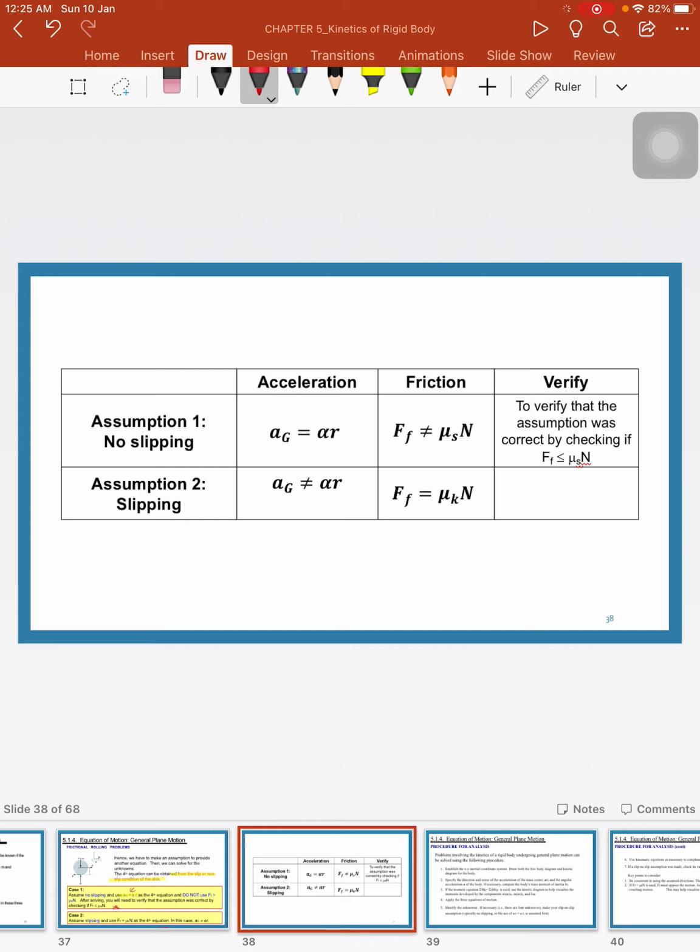For acceleration, when no slipping, Ag equals alpha R. If slipping, Ag does not equal alpha R. For friction, when you assume no slipping, you cannot use Ff equal to mu s N. For slipping, Ff is equal to mu k N. For assumption 1, you need to verify that the assumption was correct by checking if Ff is less than or equal to mu s N.